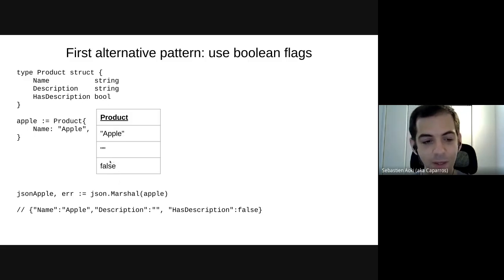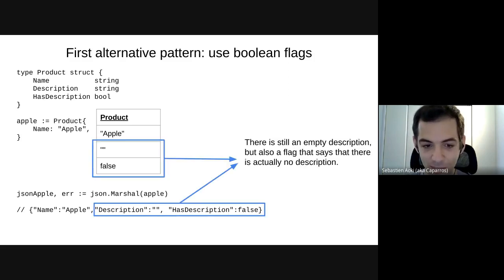So on the logical level, I don't expect to have a description. But I still have my problem, because now my JSON is even worse: I still have my description, but I also have a property that says that, actually, no, I don't have a description, which is a bit strange in my opinion.